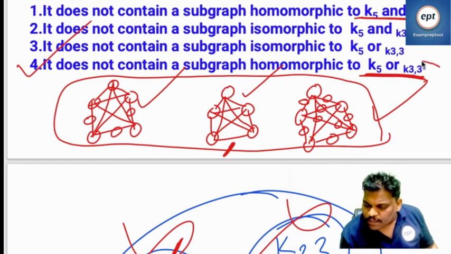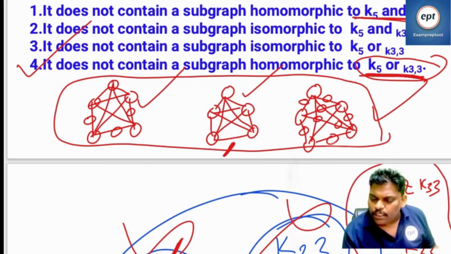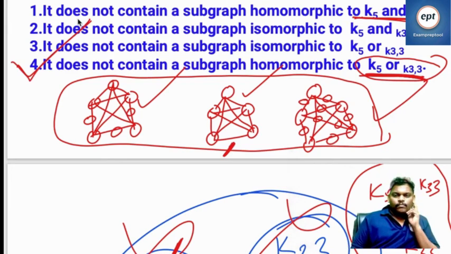Remember, this will take care of K5 and K33: only K5, only K33, and both. This will cover three possibilities. So the answer is the fourth one. The first keyword is homomorphic.